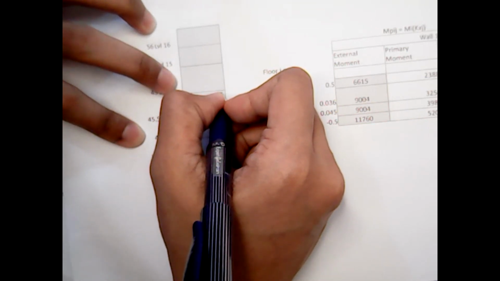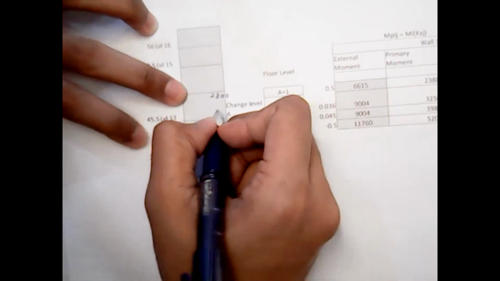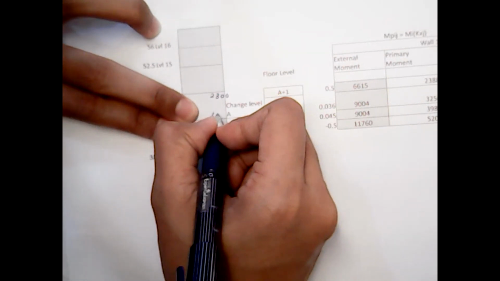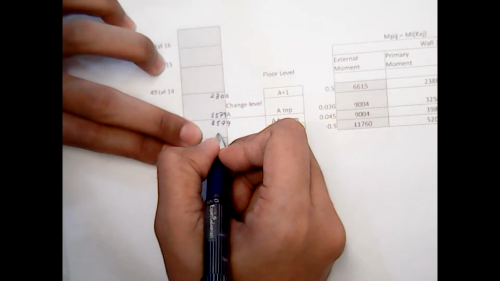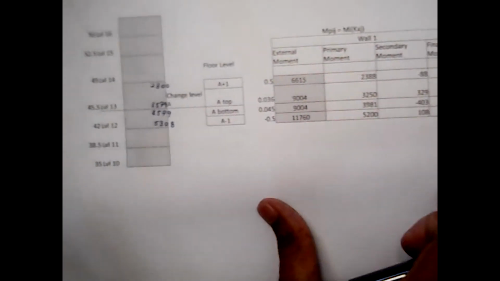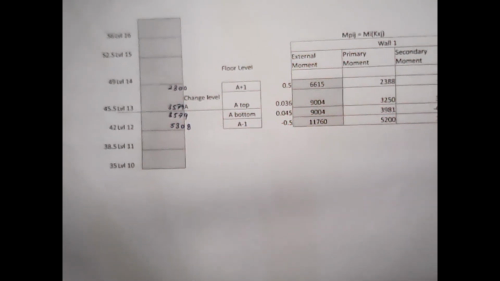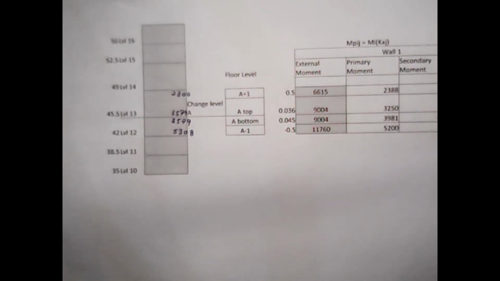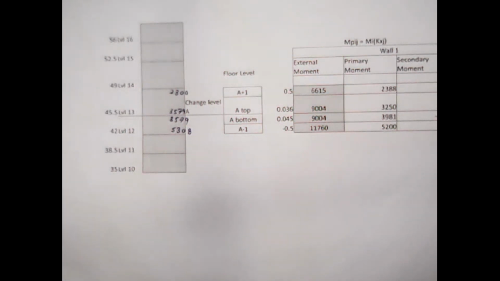Here is 2300, and here you will get 3579, and here you will get 5308. So that is the final moment. This is the way you analyze bending moment acting on the shear wall. This completes the analysis for moment acting on shear wall.